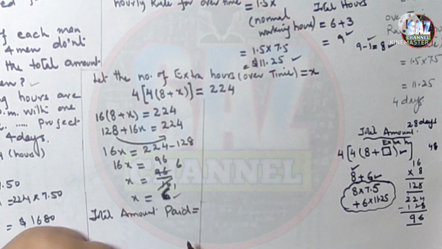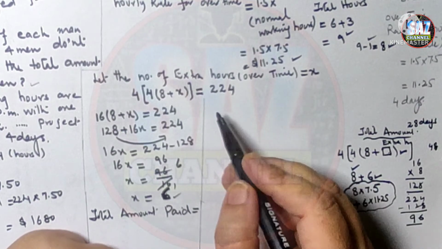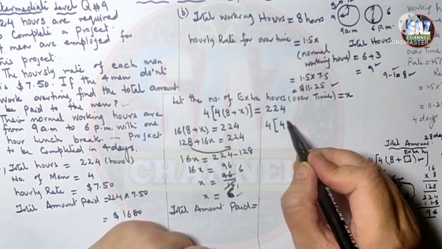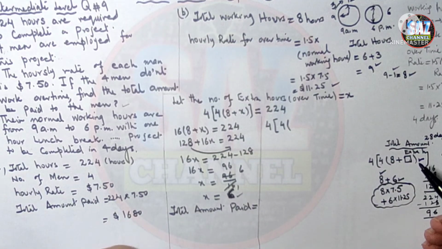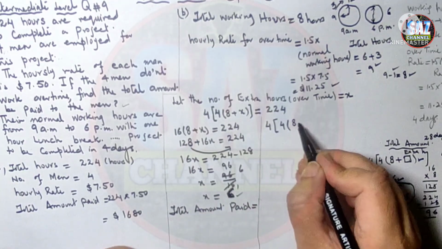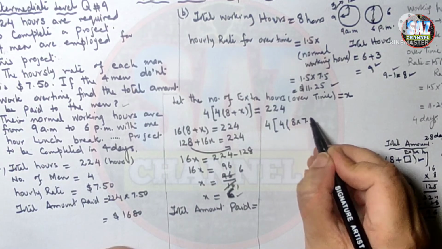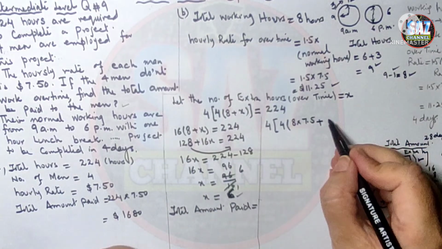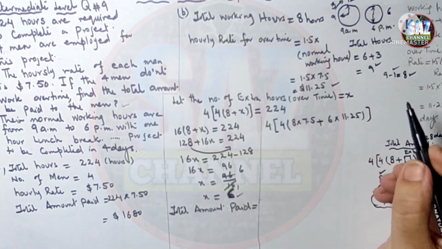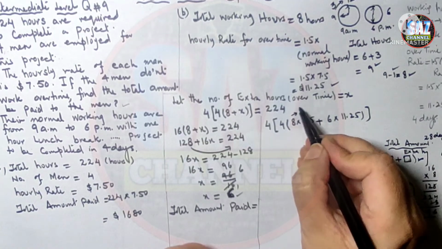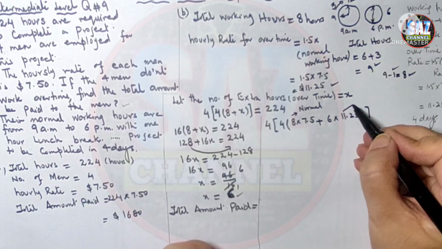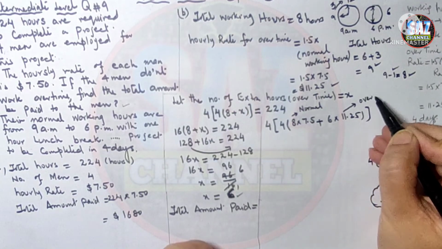So the total amount will be equal to 4 into 4, and then we are going to multiply this by the expression: 8 multiplied by 7.5 plus 6 extra hours multiplied by 11.25. They are the normal hours, and these are the overtime.